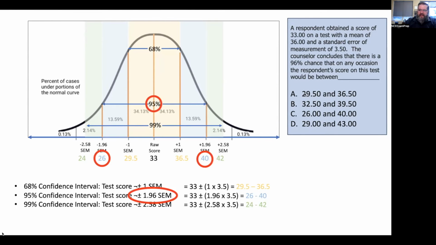So answer A, 29.5 to 36.5, right? That gives us about 68%, and 96% is what we're going for here. So answer A would not be correct.